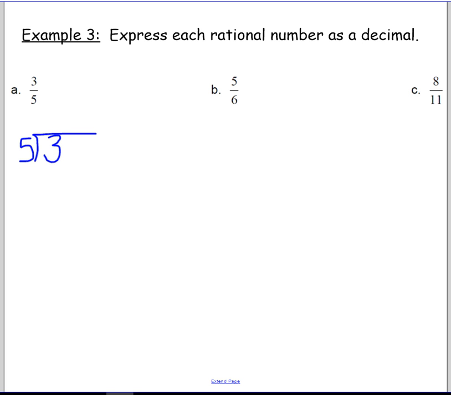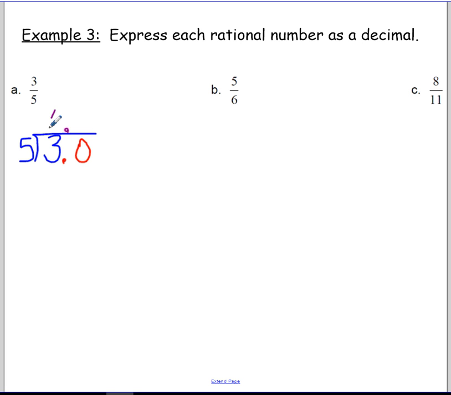We know that 5 cannot go into 3 evenly, so we need to add a decimal and a 0, because 3.0 is the same as 3, and so we're adding zeros that will help us divide until we don't get any remainders.